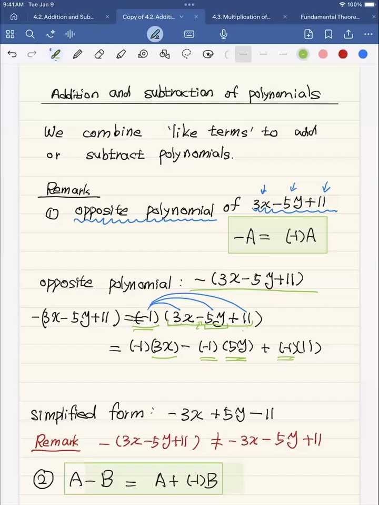So -1 times 11. When we simplify, the first one will be -1 times 3, which is -3. And then negative will make positive, so plus 5y, and then minus 11.